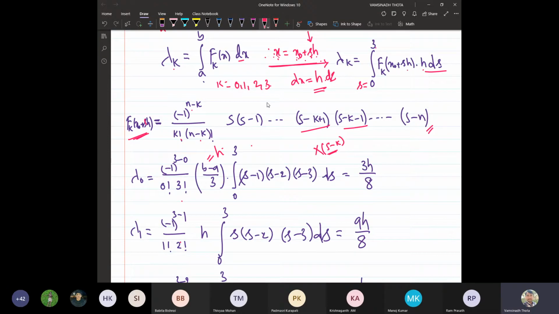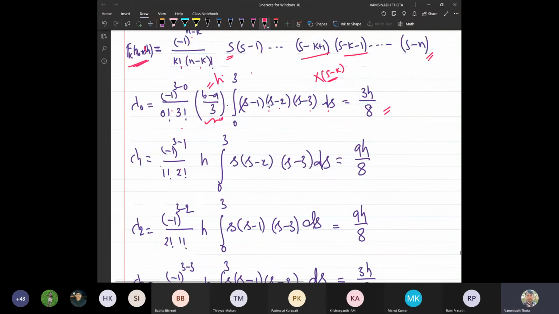H is also fixed, so that is b minus a by 3. So that is also taken out. So this is a scalar. This is also taken out of the integration. So the only thing left, since here k is equal to 0, the s factor will not come, but other than s, everything will come. So s minus 1 into s minus 2 into s minus 3 into ds. So here I have evaluated, and if we substitute the limits, then finally we will get 3 times h upon 8.